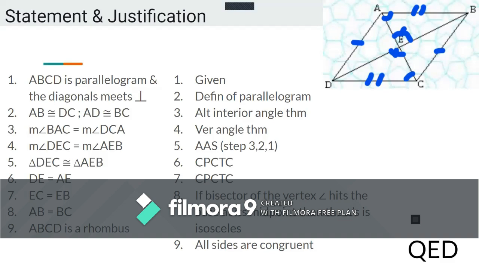That could also be substituted. I'm going to put a little comment in the video: you could substitute this with another alternate interior angle theorem, which is the measure of angle ABD equals angle CDB. Why? Because of the alternate interior angle theorem too.